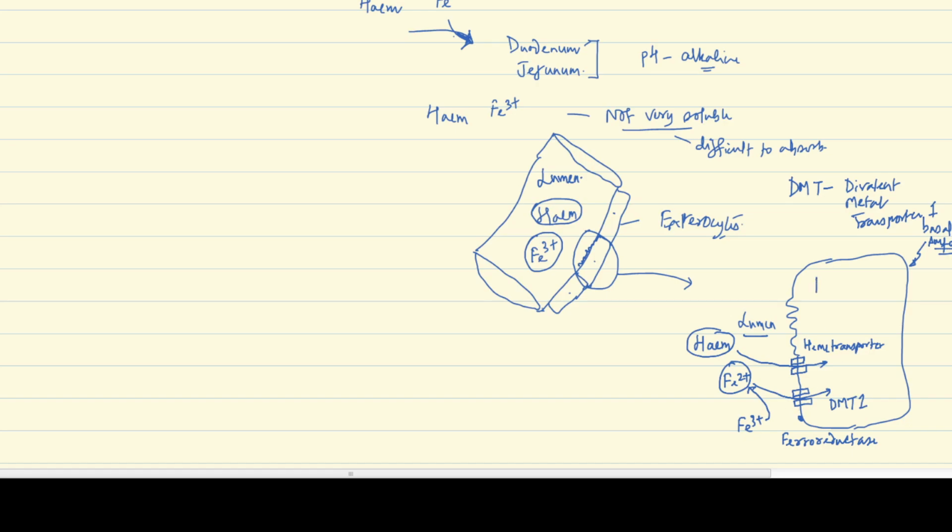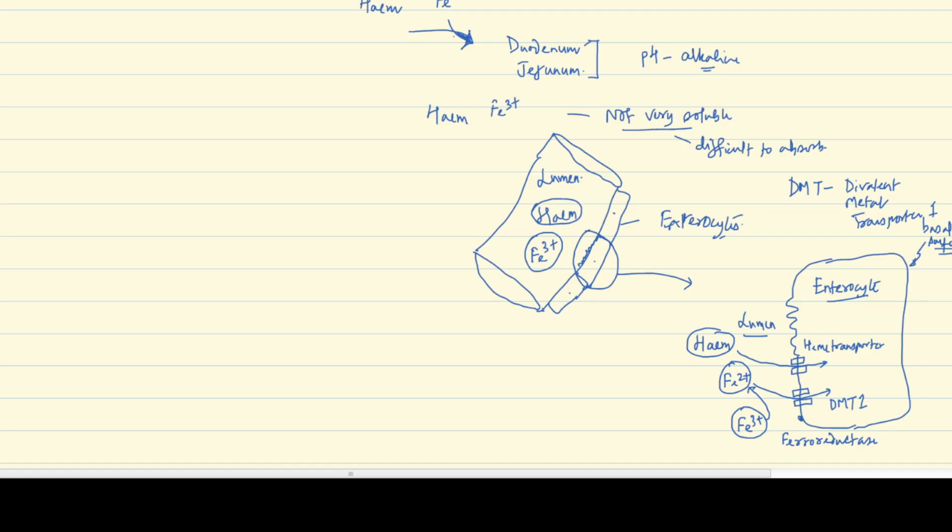So this is the enterocyte, with the ferroreductase. Here the ferric form gets converted to the ferrous form. There is a reduction of the oxidized form, meaning there is a requirement for an electron. If an electron goes there, this gets reduced to the ferrous form. So this ferroreductase, we know its function.